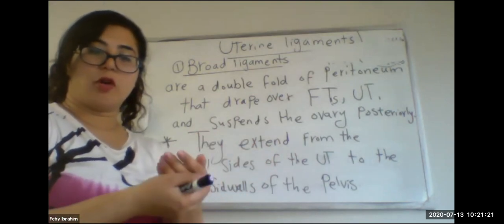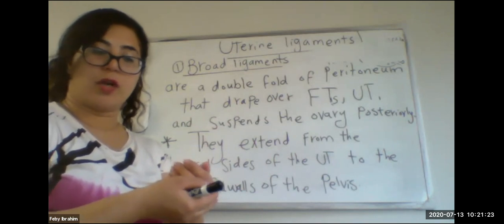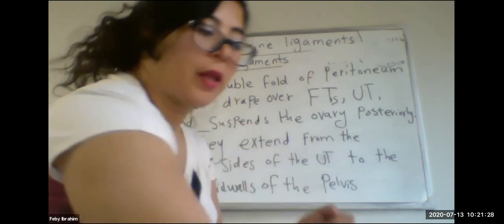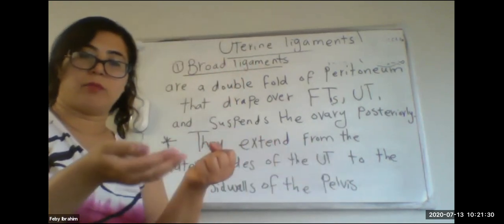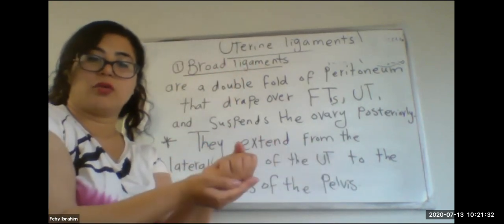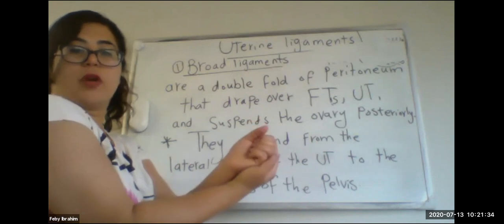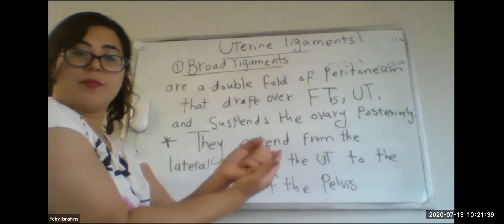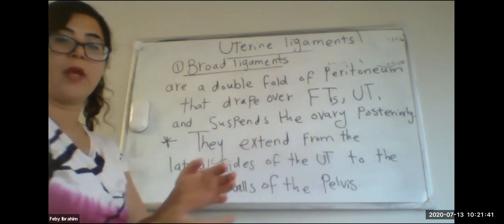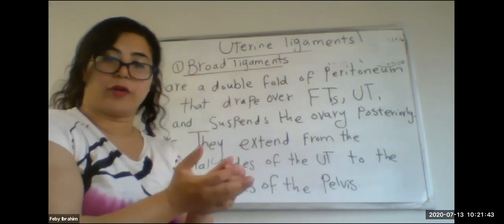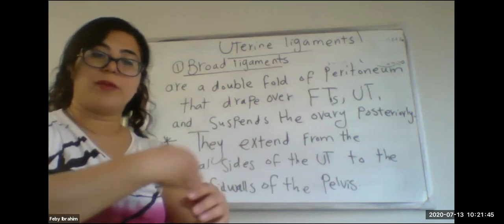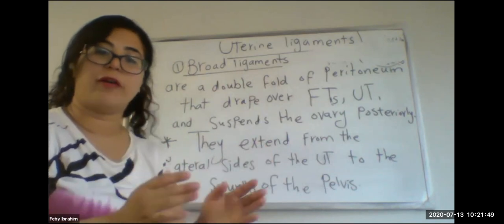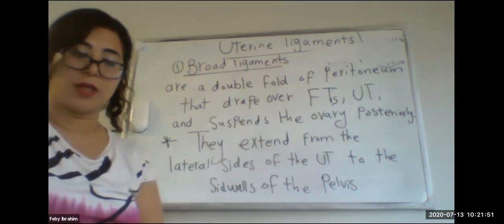So it's attached only to the ovaries from the posterior side. It doesn't include the ovary; it includes the fallopian tubes and the uterus. It drapes over the uterus and the fallopian tubes.